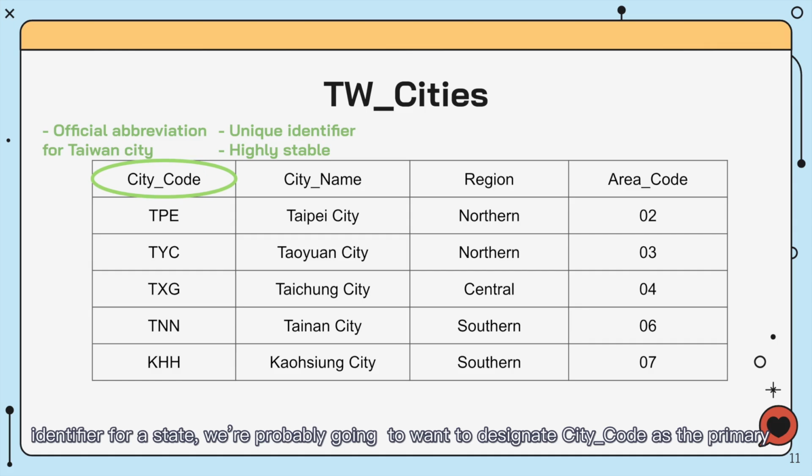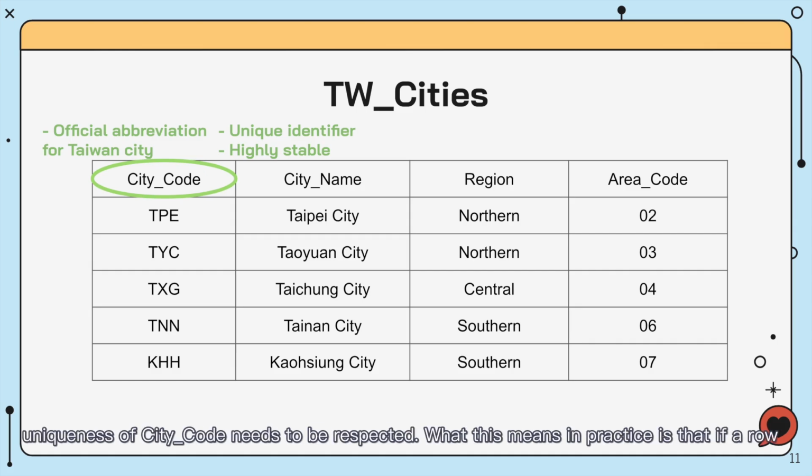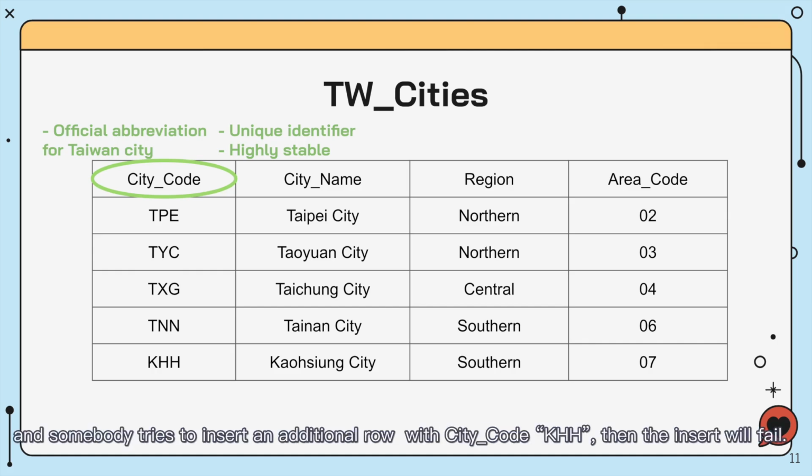With city code being a good, stable, unique identifier for a city, we are probably going to want to designate city code as the primary key of the Taiwan cities table. What this means in practice is that if a row currently exists in the Taiwan city table with city code KHH, and somebody tries to insert an additional row with city code KHH, then the insert will fail.